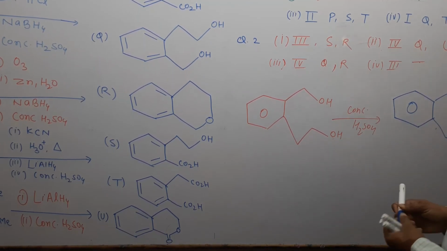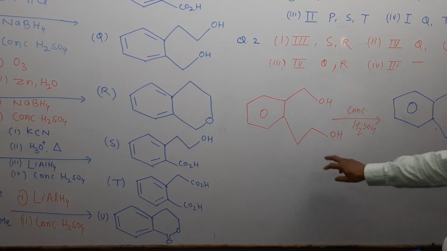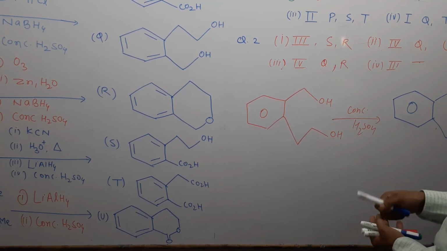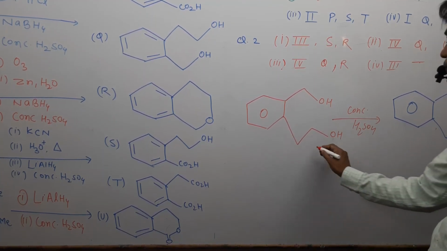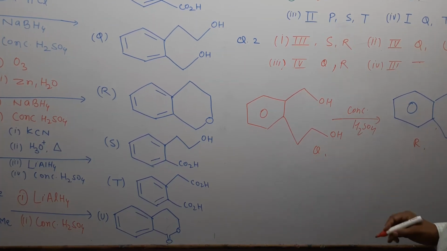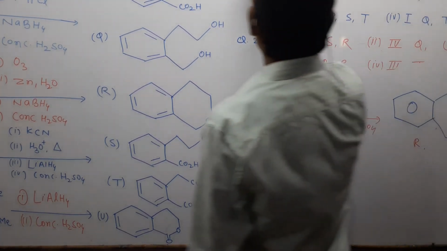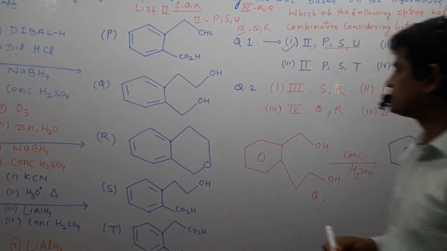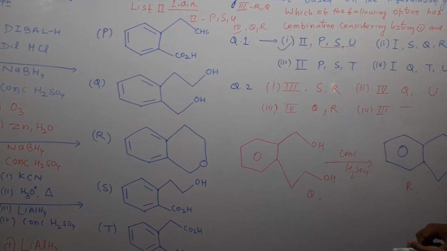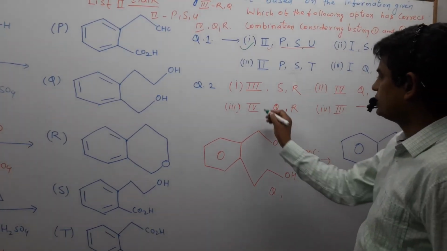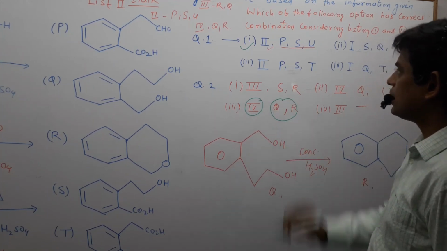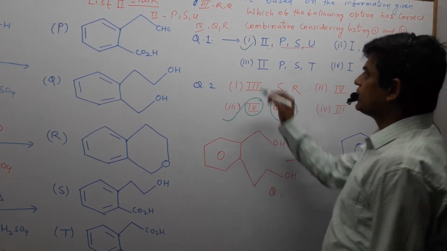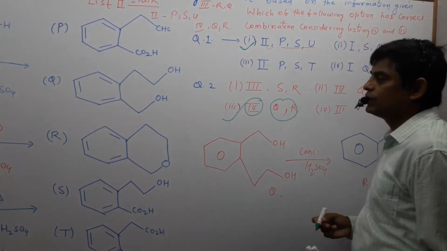So this product is Q, and this product is R. So that means the fourth is providing Q and R. As in the second question, we can see that the fourth reaction is providing Q and R. That means our third option is the correct option of question 2 and the first option is the correct option of question 1. Okay.